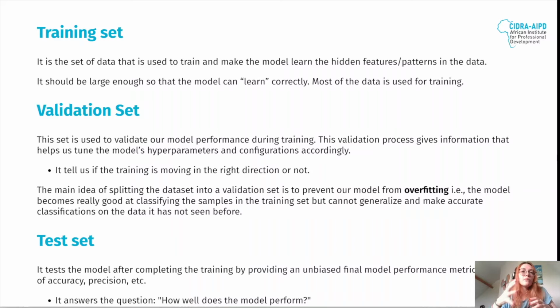So you need to apply the model on this test set, the data that it has never seen before, and we check the performance of the model there. The performance of the model on the test set is pretty important. It's going to answer the question, how well does my model perform? So it's pretty important to have that split on your data set.